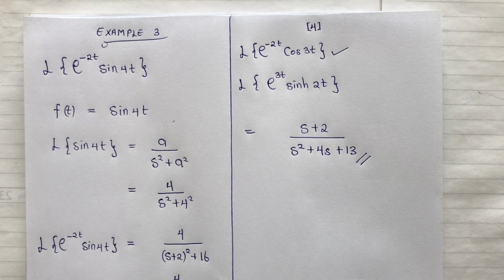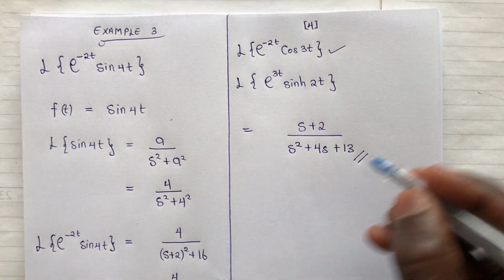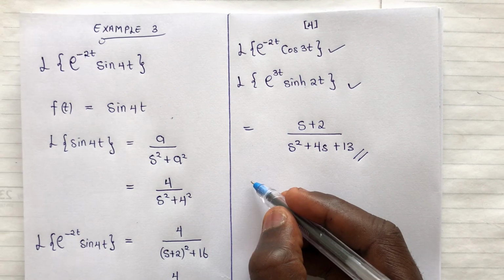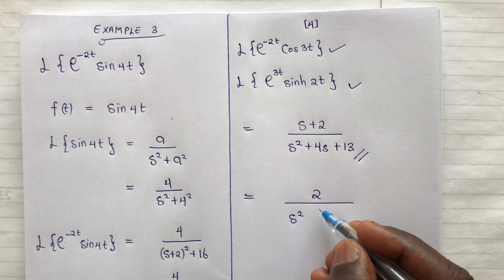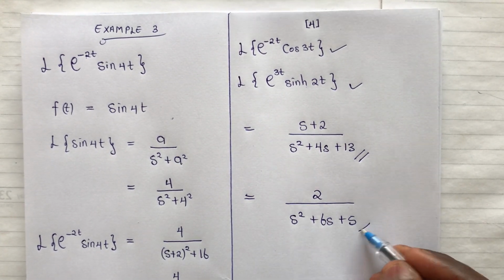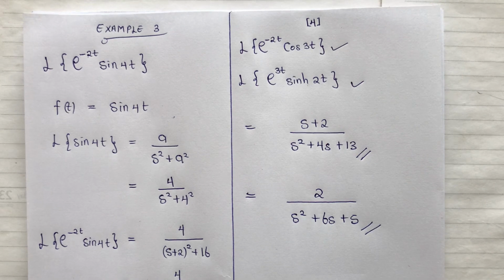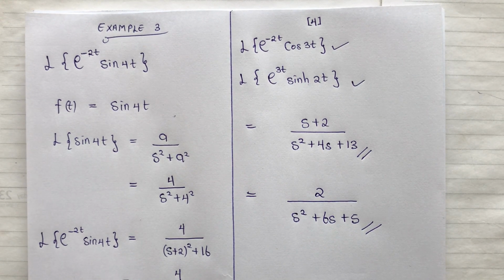Did you get that? So let's move on to the next one. So this one, the result for this is equal to 2 over s squared plus 6s plus 5. And that is it. So if you were able to get these 2 correct, that means you really understood what we did today. So clap for yourself.